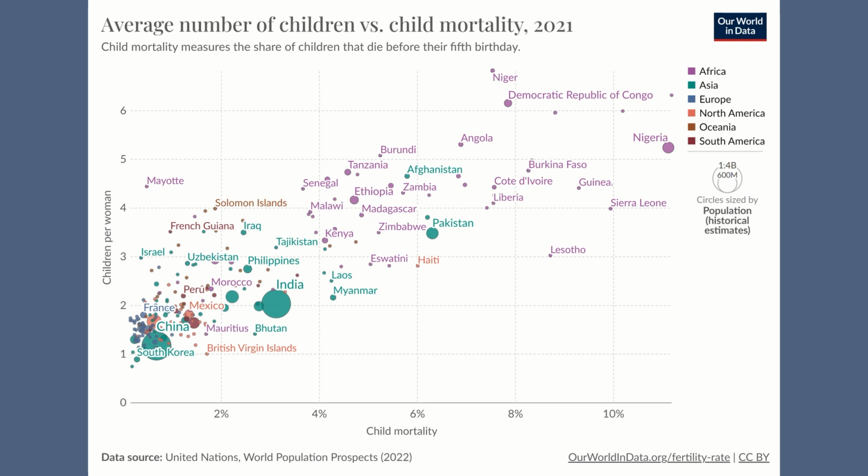Child mortality, again, there's a pretty good association there. What we're seeing is that the places that have the highest child mortality, hovering around 10% here, are the places that have the most children per woman, the highest fertility. And places that have the lowest mortality have the lowest.